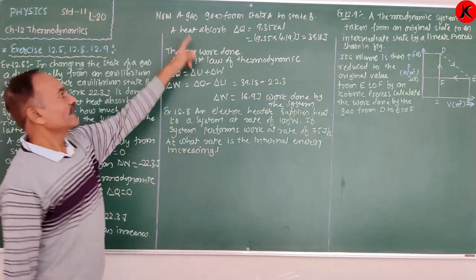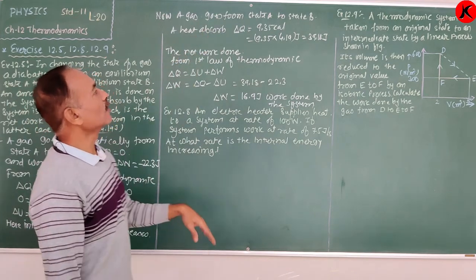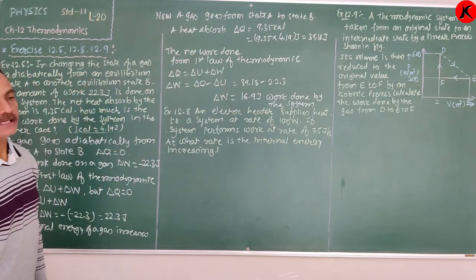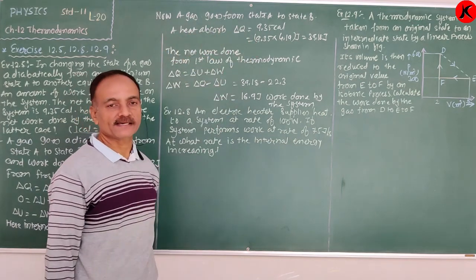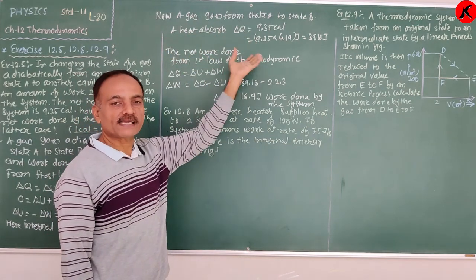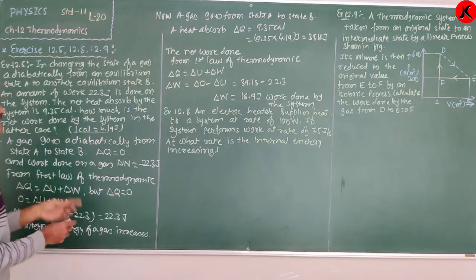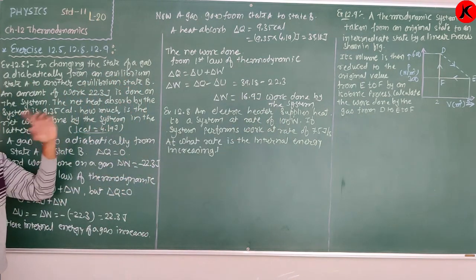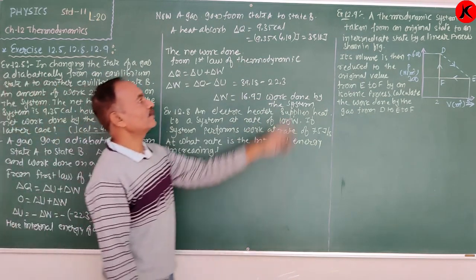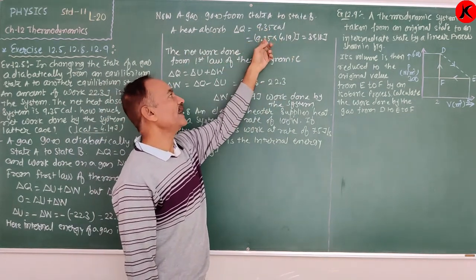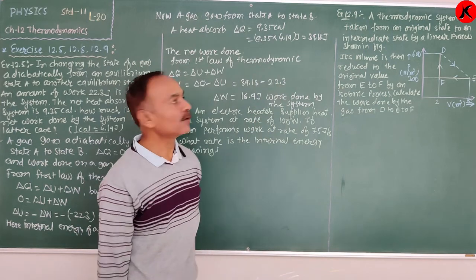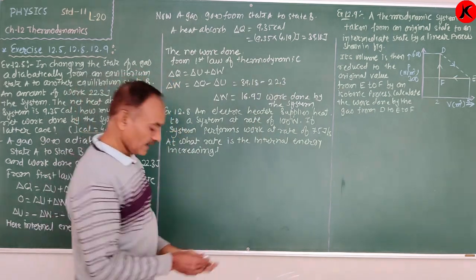The heat absorbed, delta Q, is equal to 9.35 calorie. Here we have to convert the calorie into joule. The relation is given: 1 calorie is equal to 4.19 joule. Therefore 9.35 calorie is equal to how much joule? 9.35 into 4.19 is equal to 39.18 joule.